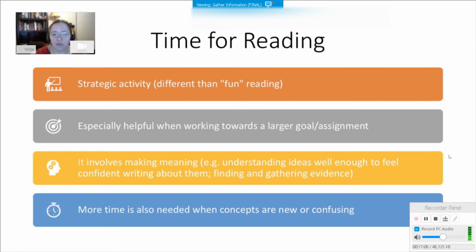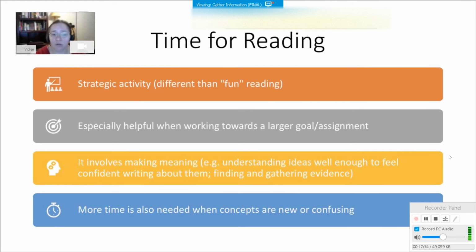The purpose of reading here is also different. In university, reading is needed to do well on your assignment and write a paper that shows you understand the ideas being expressed in those readings. It's more strategic and not the same as flipping through a magazine or a book that you have read for fun.